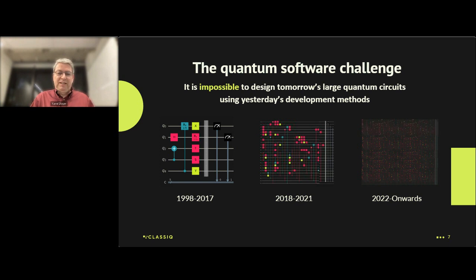It's almost like a 100-meter dash. Many people can run 100 meters in less than 20 seconds, and only a handful can run under 10 seconds, and practically no one can run under 5 seconds. There's just a limit to human ability. And we think that with the increased power of quantum computers, there's going to be a limit to what people can manually do to create quantum circuits.